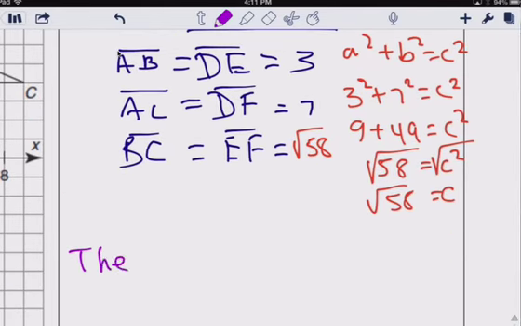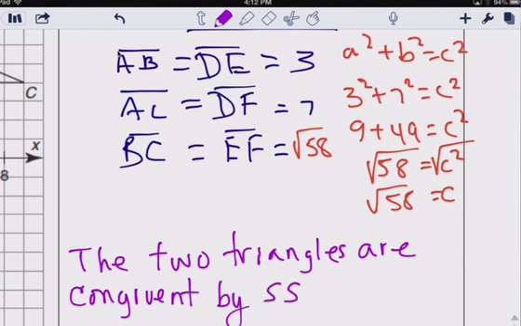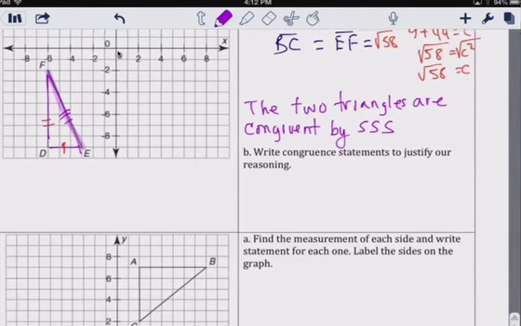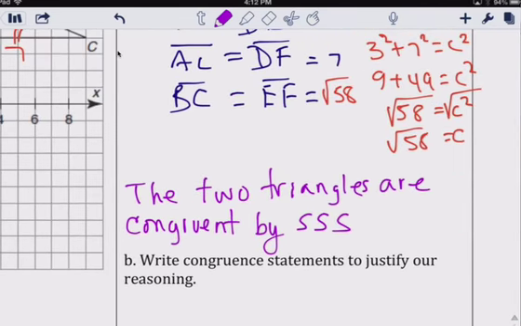The two triangles are congruent by side, side, side. Say the word, don't just do SSS, because it's side, side, side. You need to remember it. It's really important. Write congruent statement to justify your reasoning. Okay, because you need to justify your reasoning.